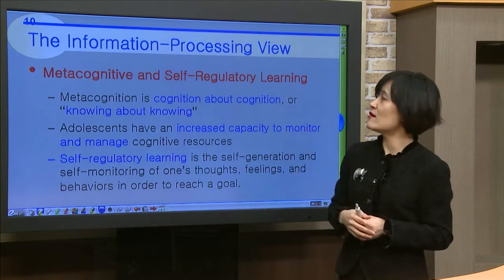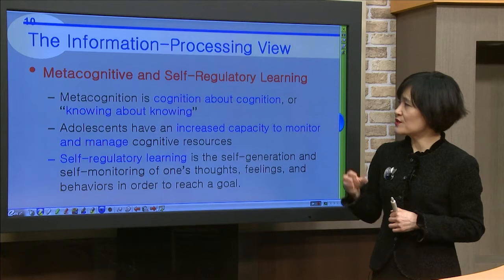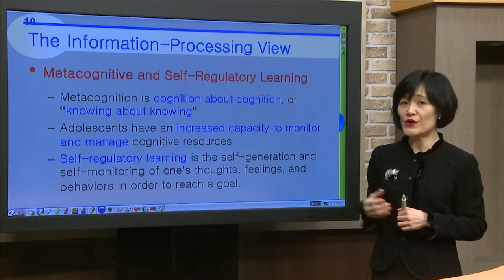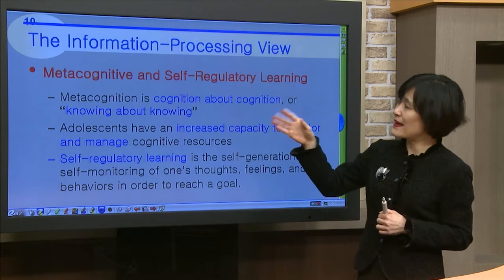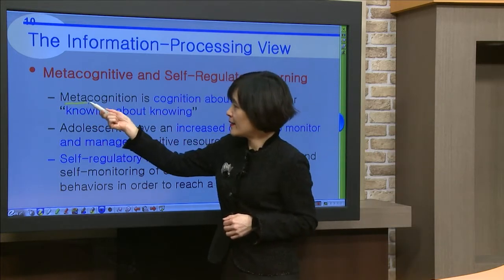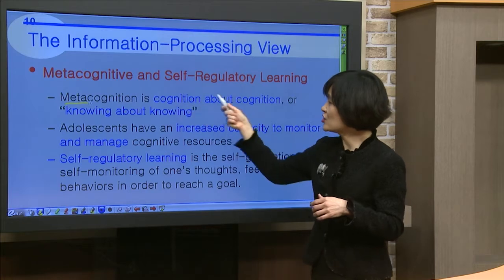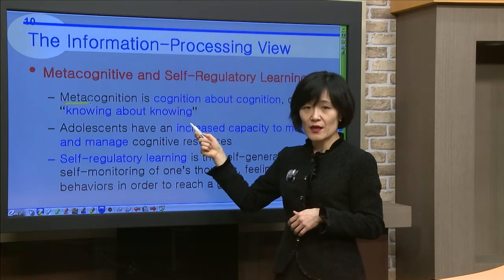And this is the final view, in terms of information processing, of adolescents and their more complex, higher order information processing capability. We call it metacognition. When we say meta, that is above, so cognition about cognition, knowing about knowing.